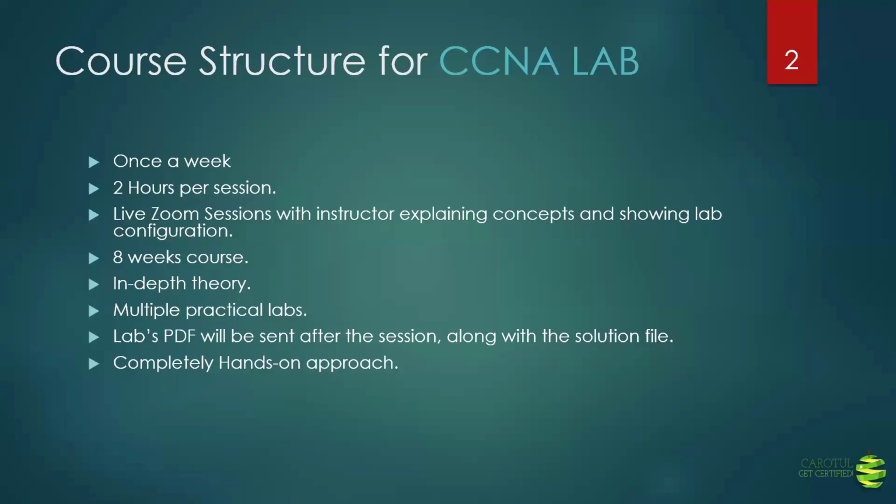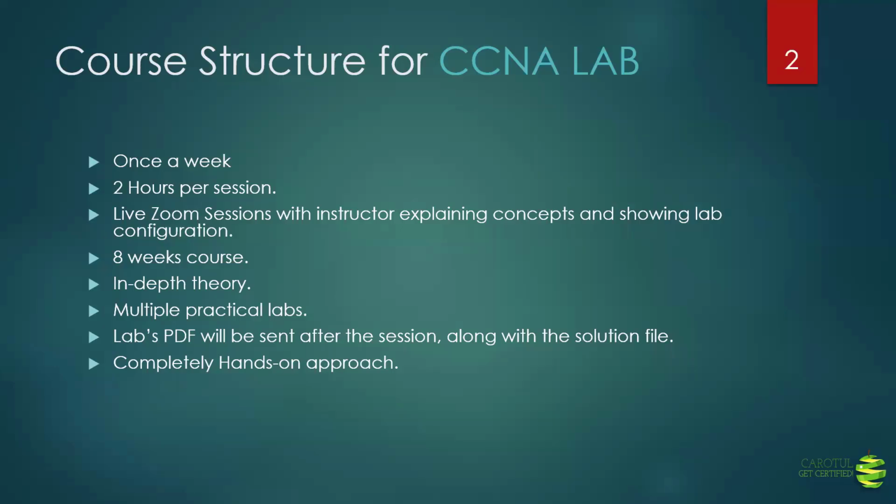Now the big question is: how exactly are you going to do these configurations or practicals? How exactly are you going to do the labs? For this whole course, we divide it into two parts. The first part is switching, where you will need switches for VLAN configuration, trunking configuration, EtherChannel configuration, spanning tree protocol, and all these things.